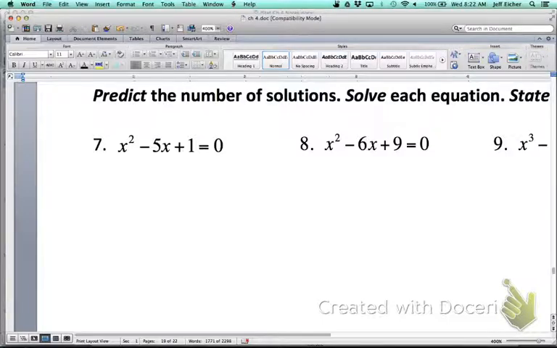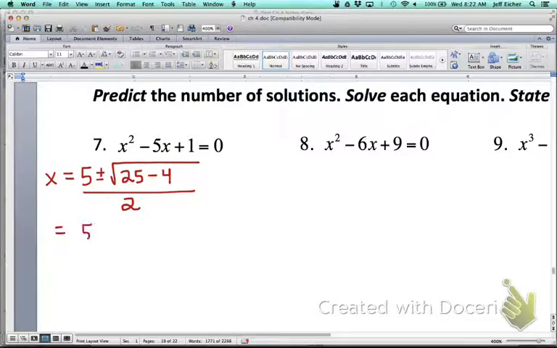So I'm going to use the quadratic formula. Solving this, we would have x equals the opposite of b, plus or minus the square root of b squared, that's 25, minus 4 times a times c, so that's just 4, over 2a, 2 times 1.